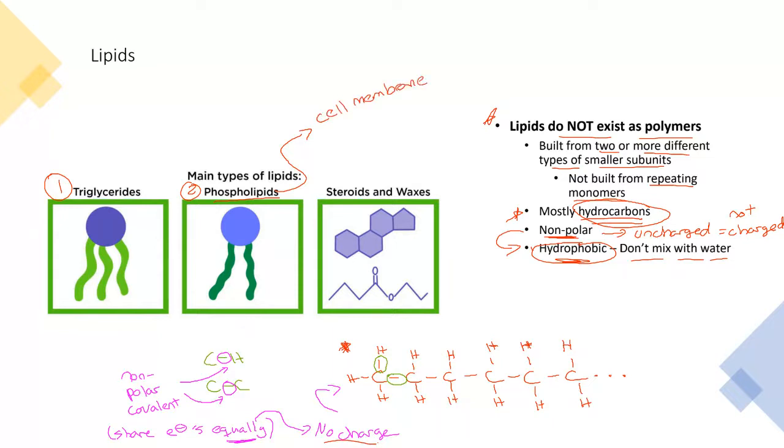Then we will not talk about wax. Just know that wax is a type of lipid, but we'll talk about steroids. Steroids are important because that's what some of your hormones are made of. That's what your testosterone and your estrogen are made of. One of the main steroids is cholesterol, and cholesterol kind of has two purposes.